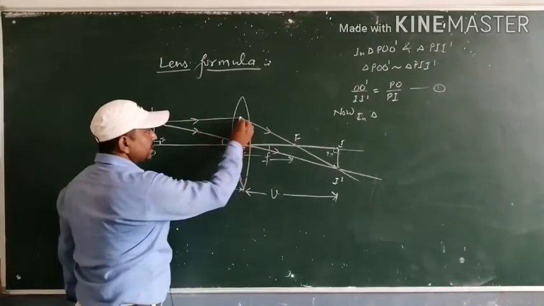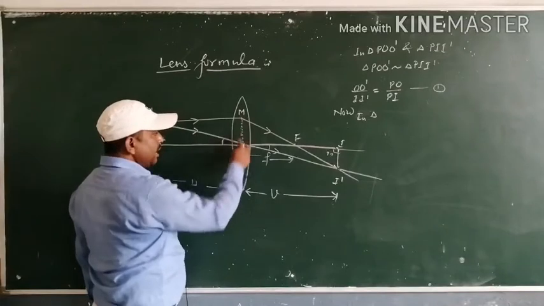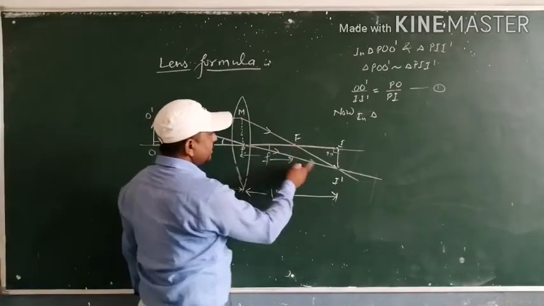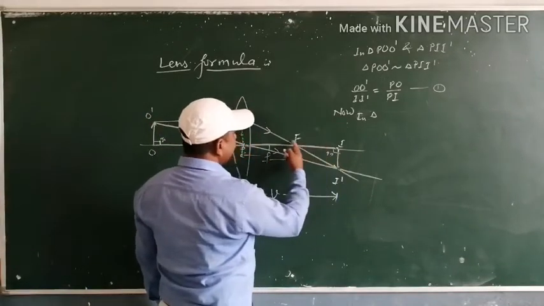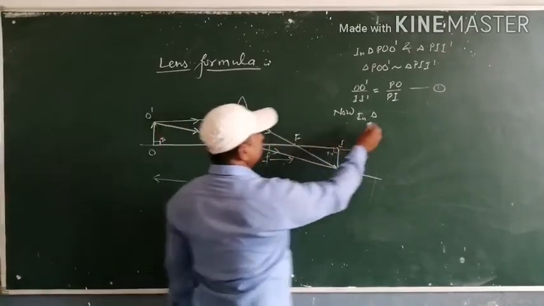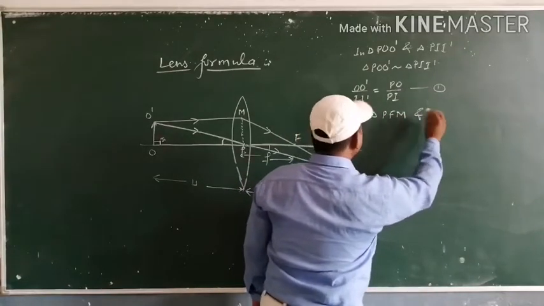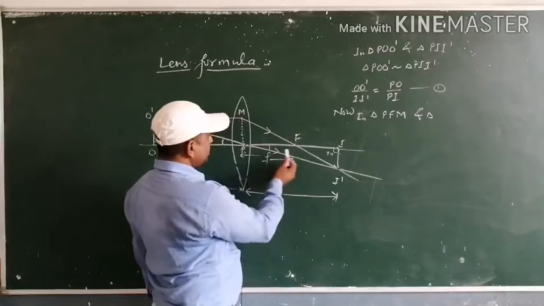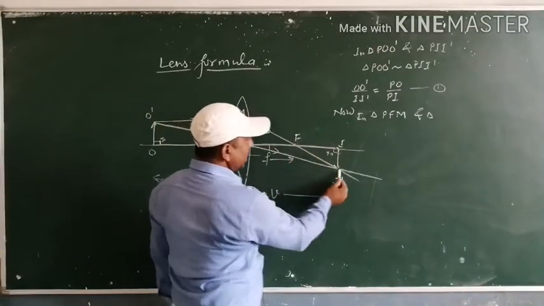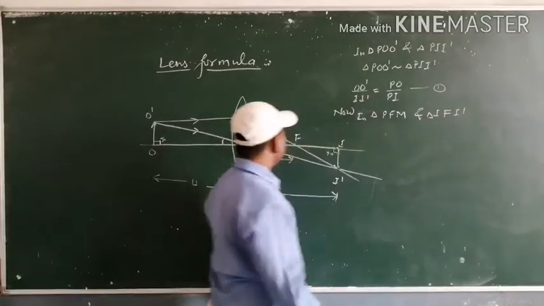Now take triangle PFM, where we join a point M, and triangle IFI dash.